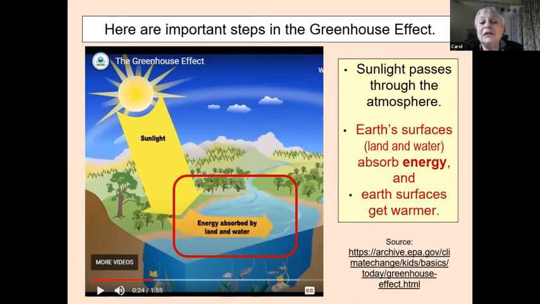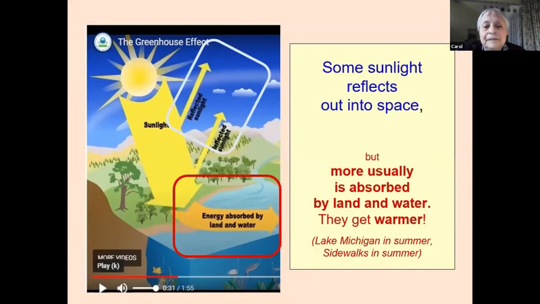That water is absorbing energy from the sun. There is some sunlight, especially if we have snow, that gets reflected and is never absorbed by anything. We get a double whammy of cold in the wintertime when the snow is reflecting the sunlight. But much of sunlight is absorbed by land and water, and they get warmer.